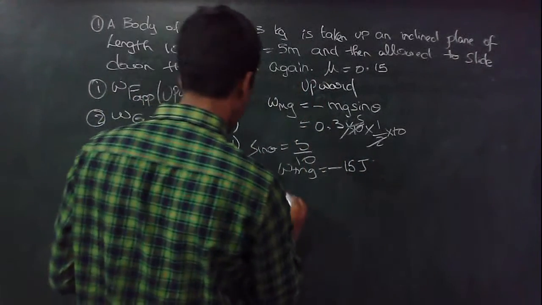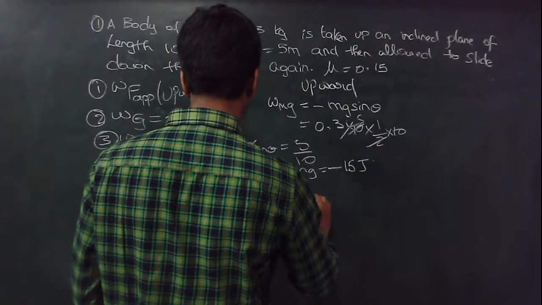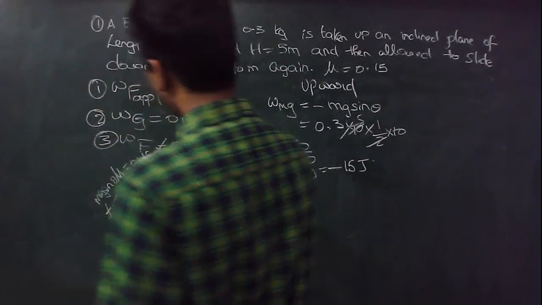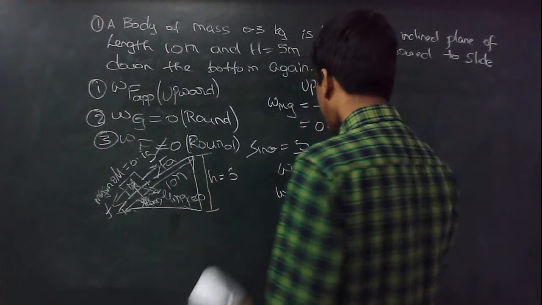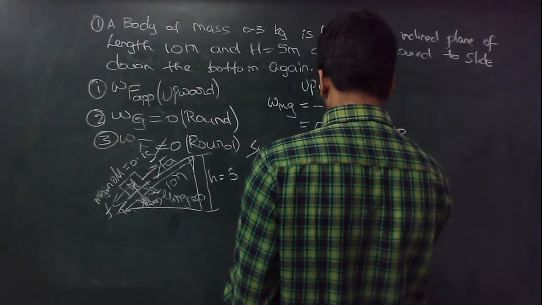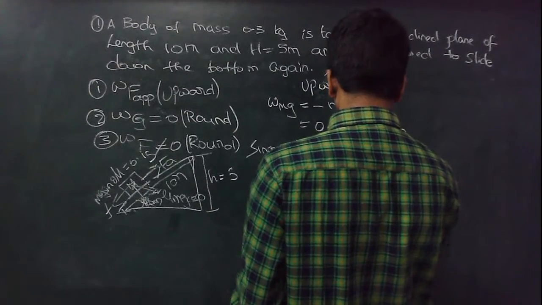Now the W friction is equal to, here downwards as well, so the sign is negative. So minus mu mg cos theta.